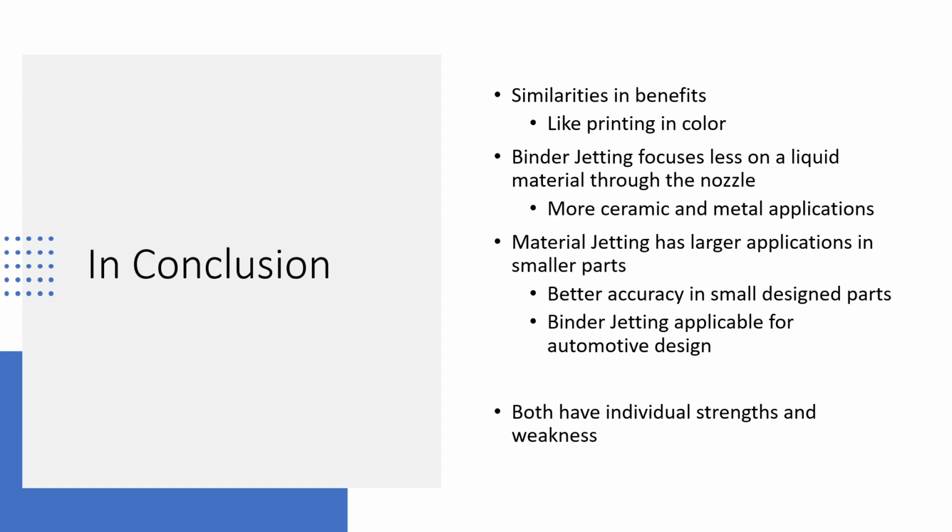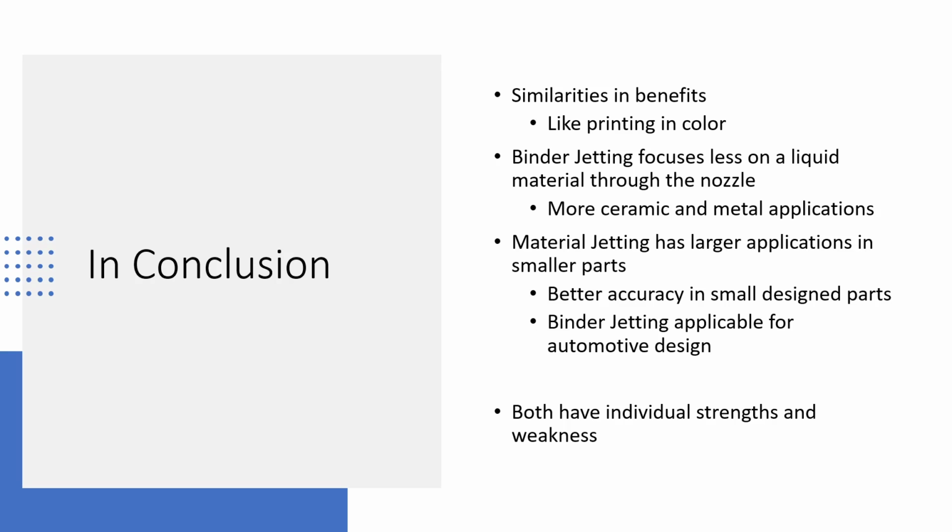Now, in conclusion, material jetting and binder jetting share as many differences as they do similarities. While they both require the use of a print head to deposit a material onto a substrate, binder jetting only subjects a small portion of the material to the print head, while material jetting utilizes all of the material. Material jetting also uses liquid, while binder jetting incorporates more of a powder material and a binder.